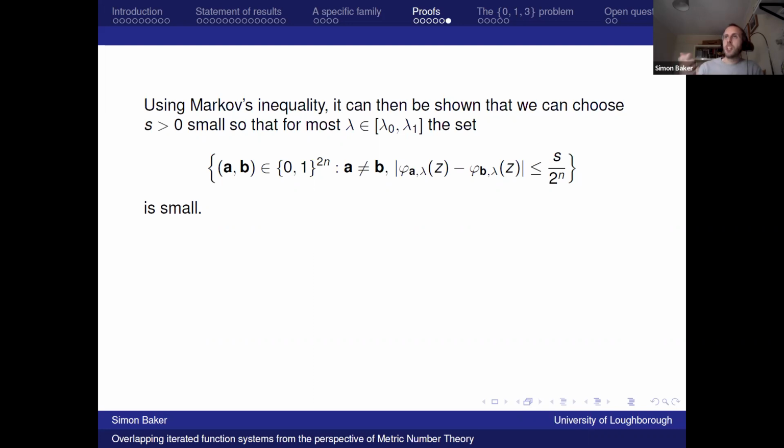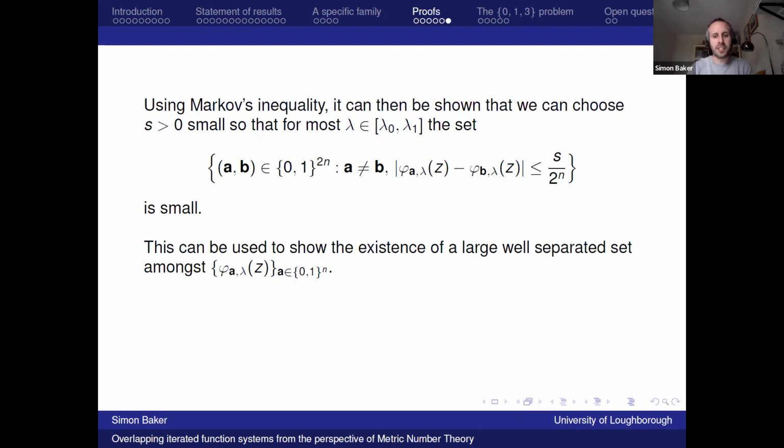It shouldn't be surprising that if you know that the cardinality of all pairs such that their images are close is less than or equal to some constant times 2 to the n, then the set of specific words for which there exists another word close to it is also going to be at most some very small constant times 2 to the n. With this in mind, you can establish the existence of a large, well-separated set. If you get a good bound for this quantity here, it's not at all difficult to show that amongst all of these images, you're going to have a large, well-separated set.